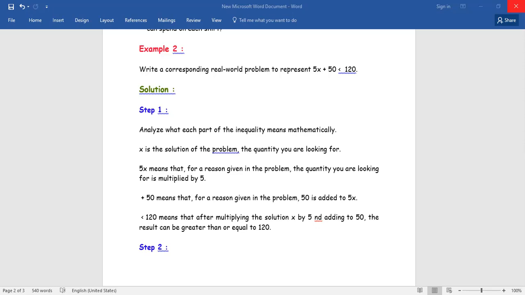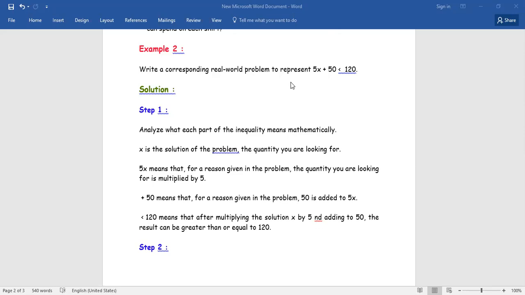You are talking about the question which is in front of us now, 5x plus 50 less than 120? No, this is another one that I created for myself. Sorry, Ibrahim, you misunderstood. I want you to tell me a situation related to this inequality in front of you, 5x plus 50 less than 120.